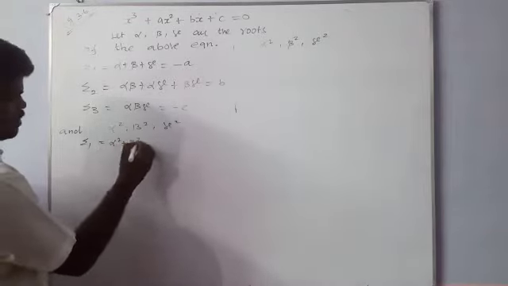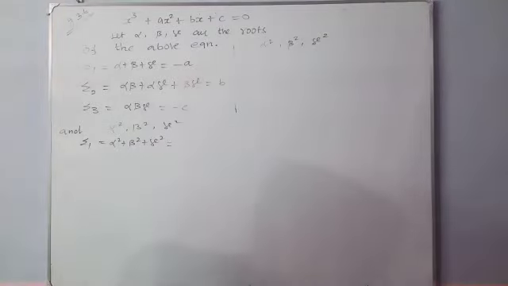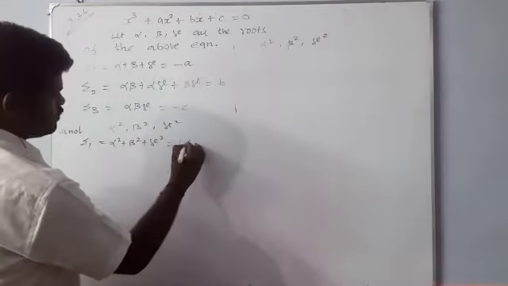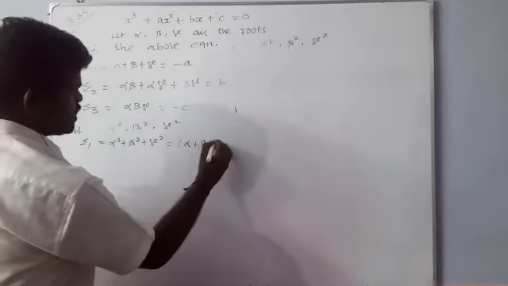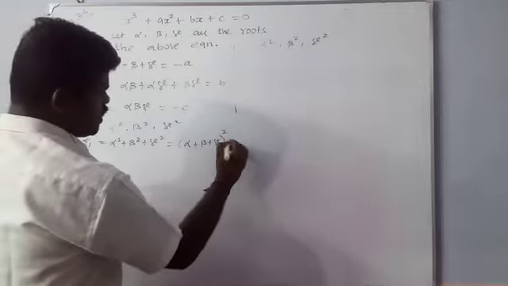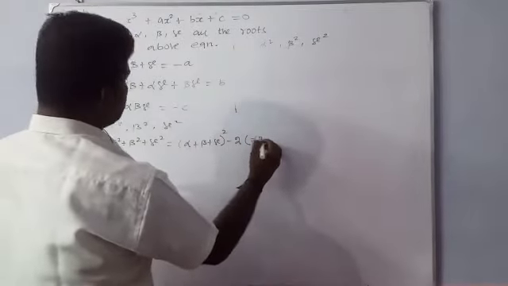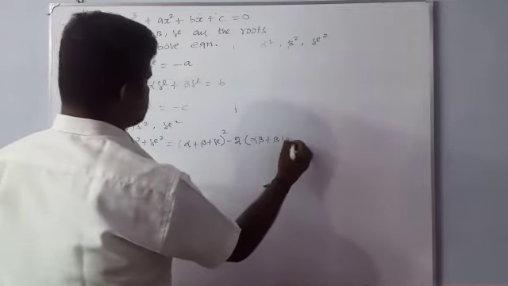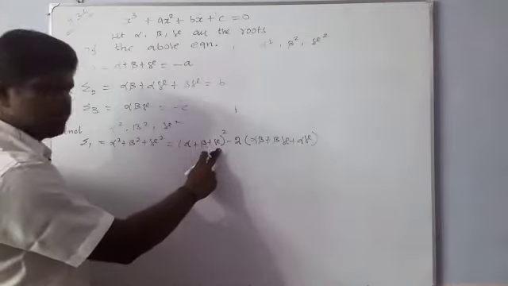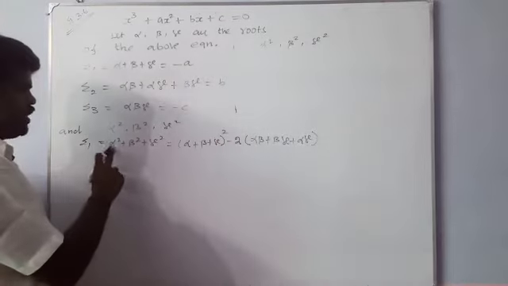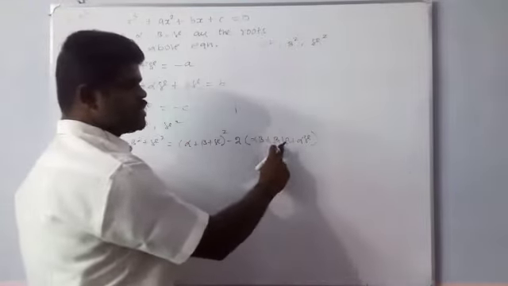How to find the sum of the squares of the roots? Already we know the formula. What is the formula? Alpha plus beta plus gamma the whole square minus 2 times alpha beta plus beta gamma plus alpha gamma. You know that the formula a plus b plus c the whole square is equal to a square plus b square plus c square plus 2 times ab plus bc plus ca.